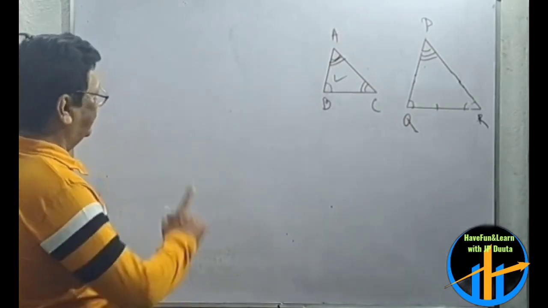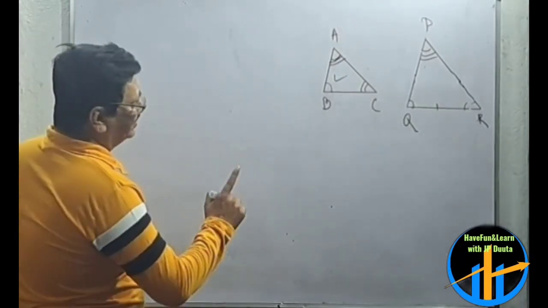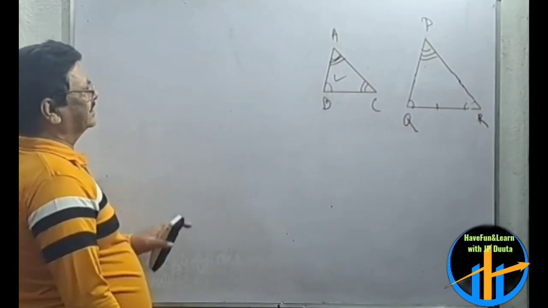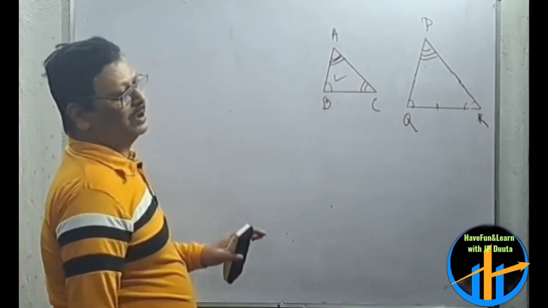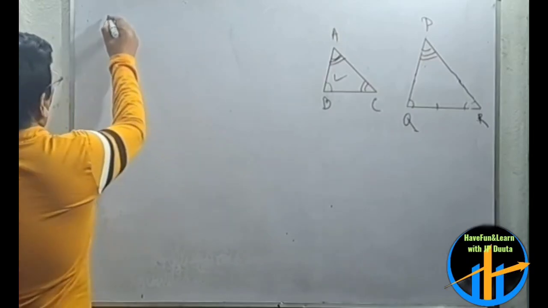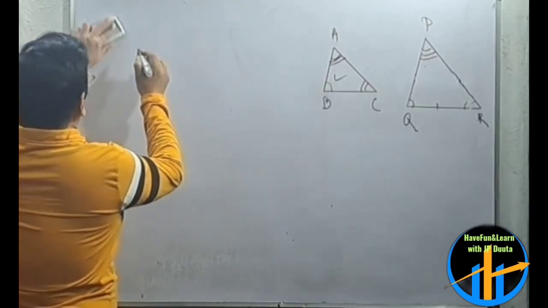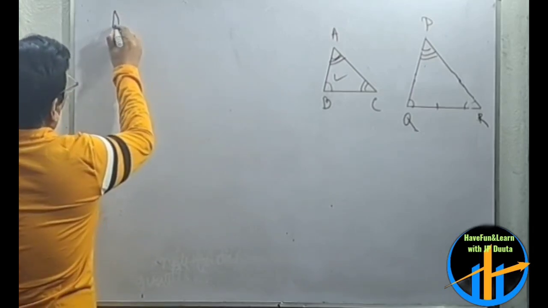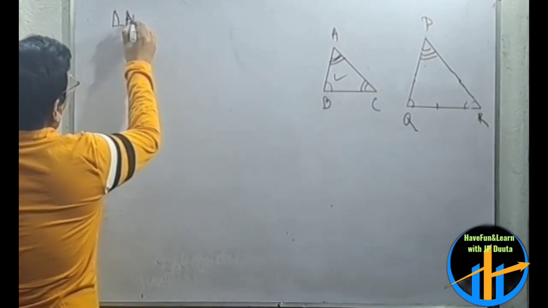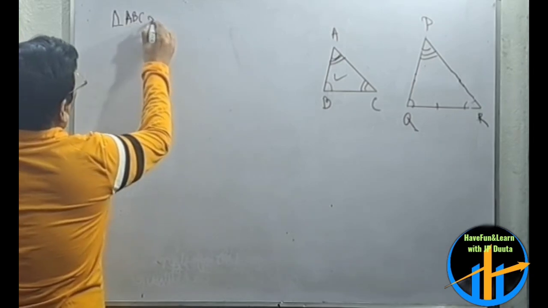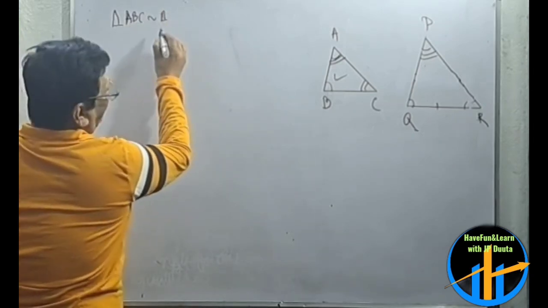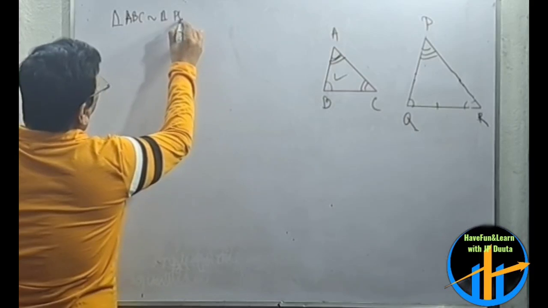Now see, here we got triangles ABC and PQR, and we accept that triangle ABC is similar to triangle PQR.